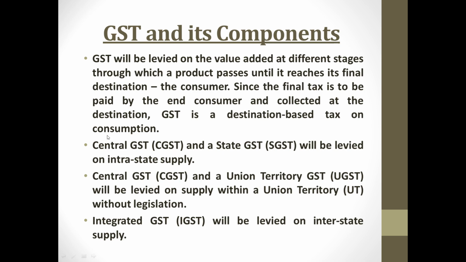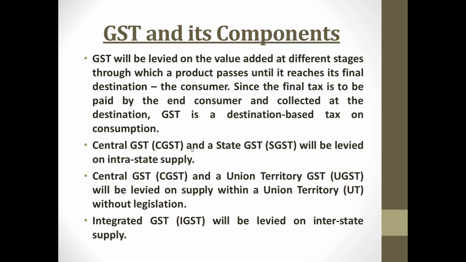Now, if you are selling your goods from one union territory to another state, then just like intrastate supply, you have to pay two kinds of taxes, that is CGST, Central GST, and Union Territory GST.